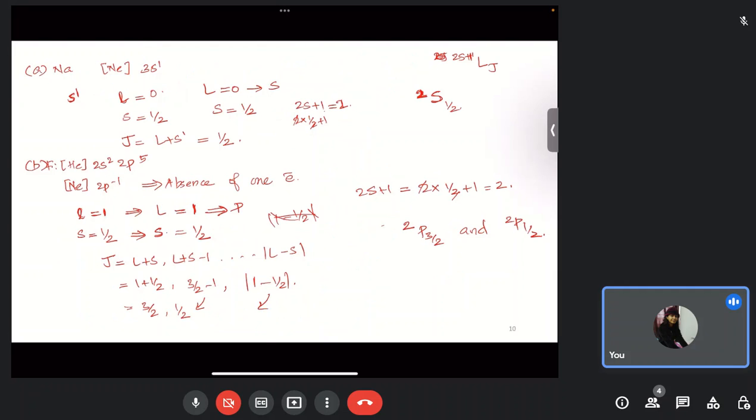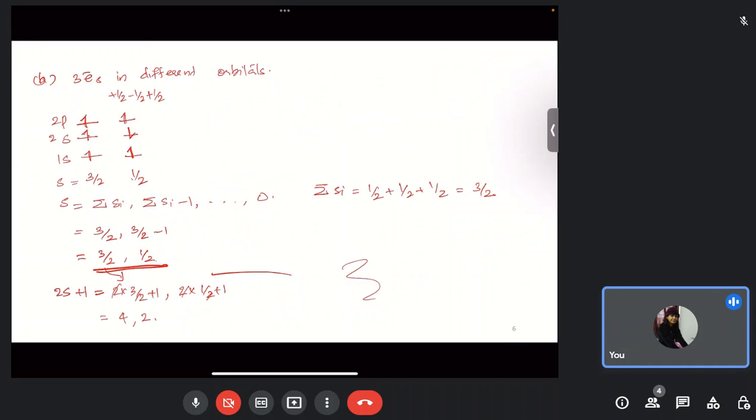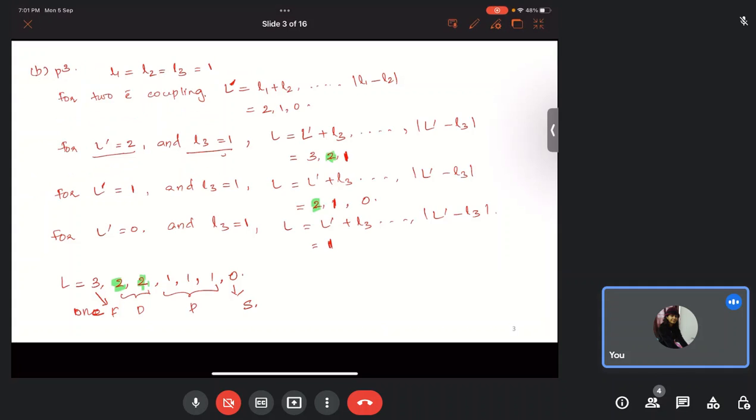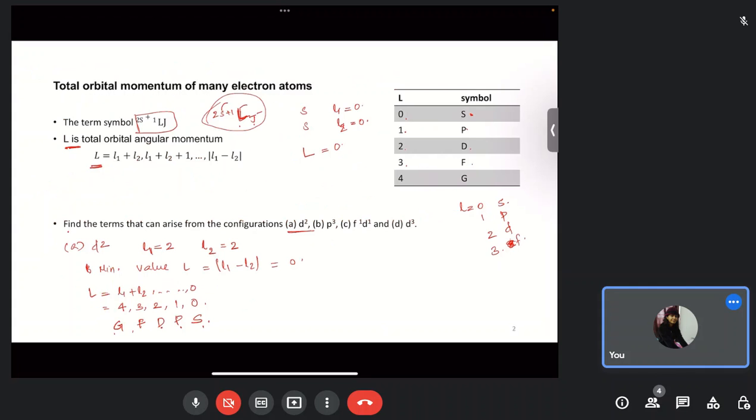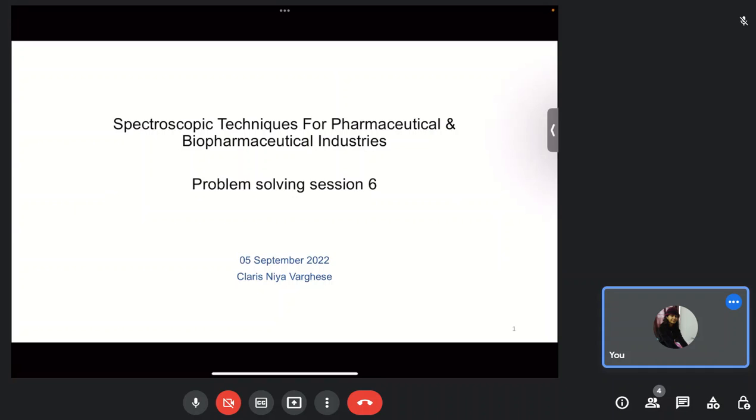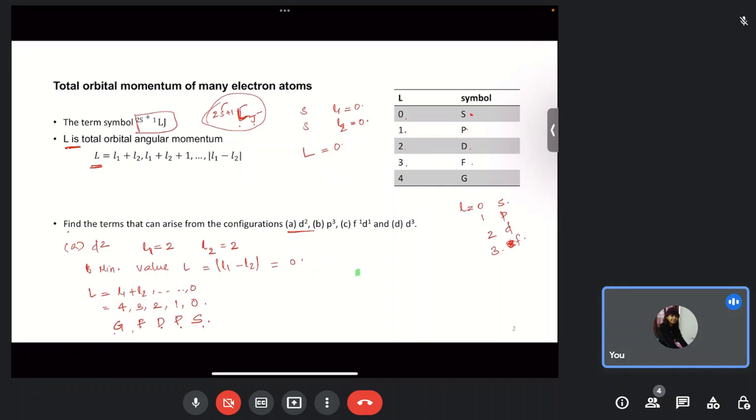Okay, let me briefly go over the problems that we covered in today's session. So, we first discussed how to calculate the total orbital angular momentum and how to come up with the different term symbols.